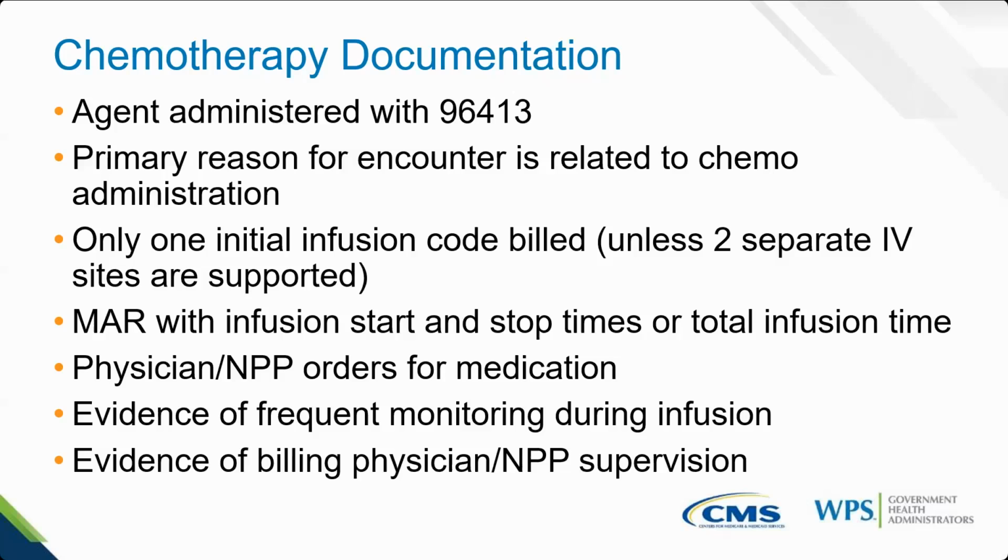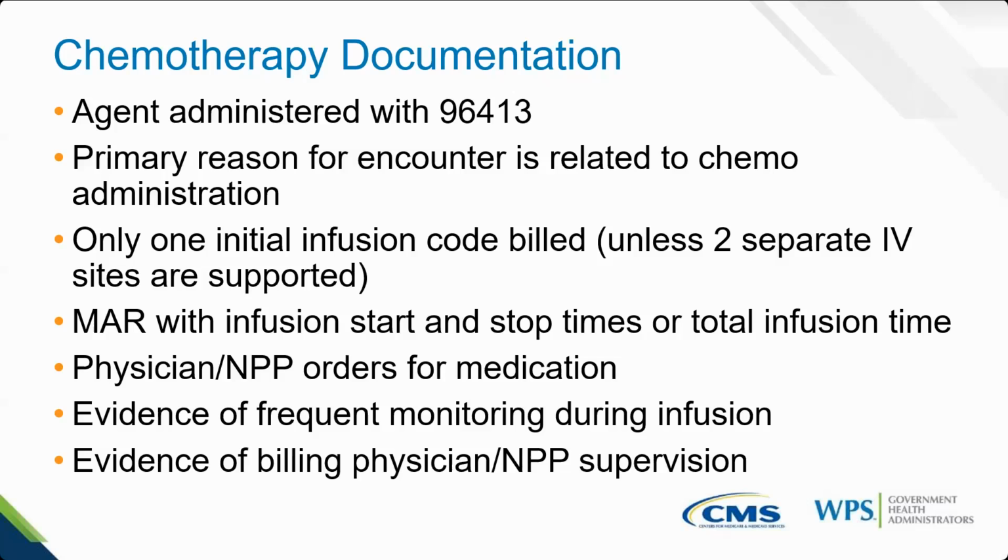Now, before we move on to the next slide, I want to talk a little bit about some of these things and what kinds of things we as a review entity pick out of your documentation. Again, somewhere in the documentation, in your evaluation of this patient when they first come in, we need to see the primary reason for the encounter and how that reason relates to the chemotherapeutic agent. So we need a diagnosis.